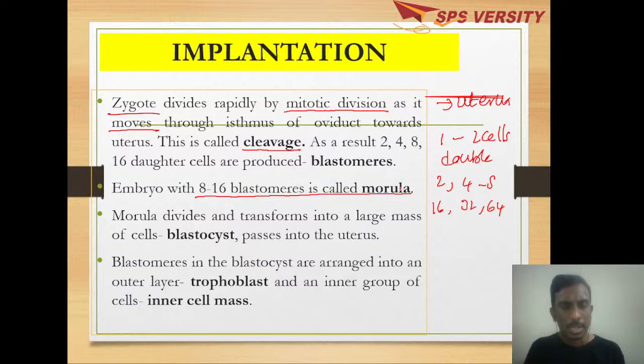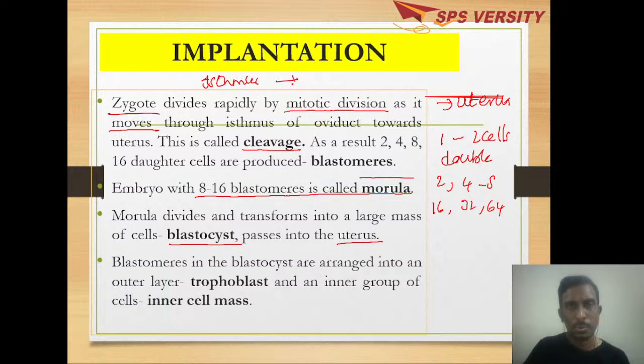There are different stages in the development of the embryo. After the 16 cell stage, it is called blastocyst. By the time it forms the blastocyst or blastula, it reaches the uterus. That means if you see the journey of the zygote, it starts at the isthmus, the ampullary isthmic junction.